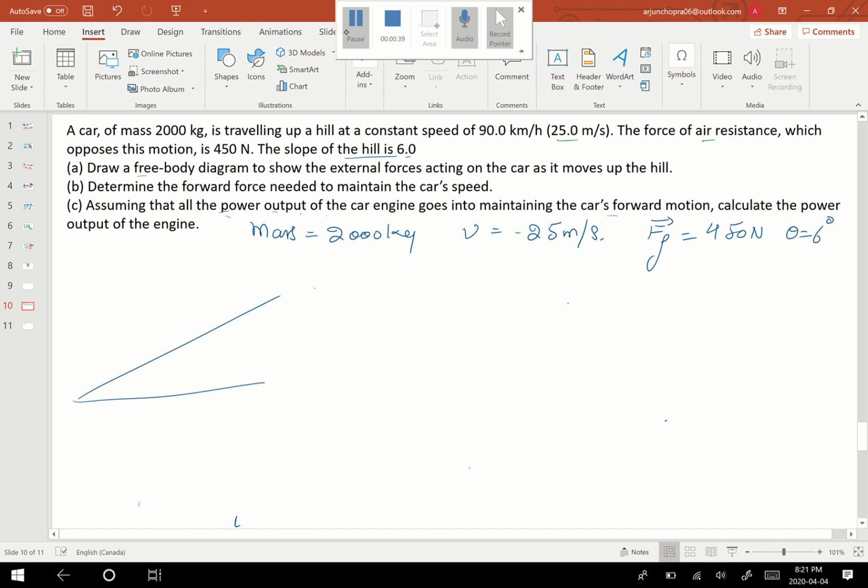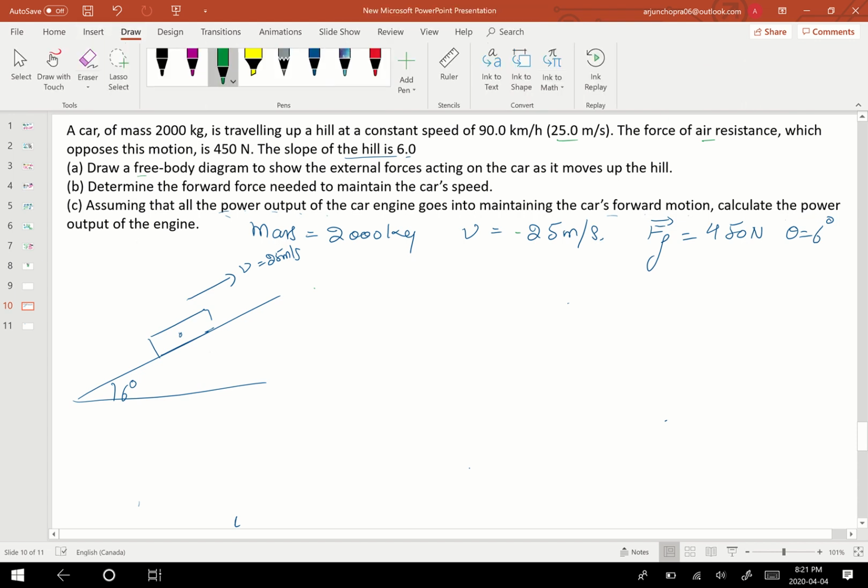So this is the 6-degree angle which is given to me, and this is the car which is trying to move up the hill with the constant speed of 25 meters per second. I wanted to draw the free body diagram for this one, so I'm going to change the color. First of all, the force due to gravity is acting in the downward direction, so this is Fg.